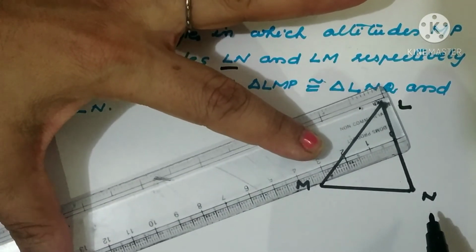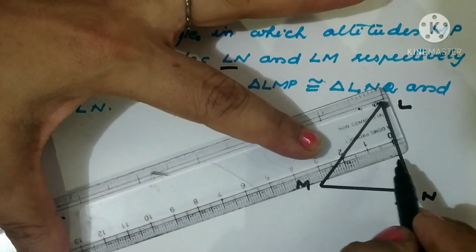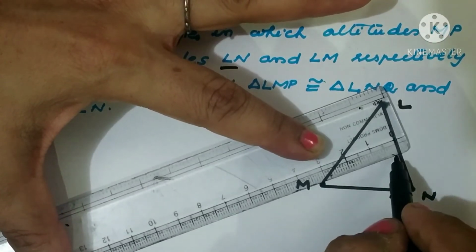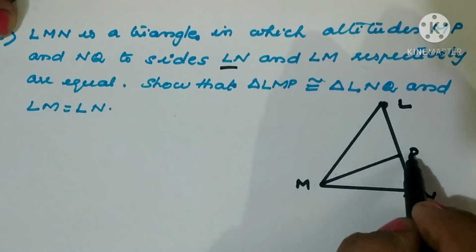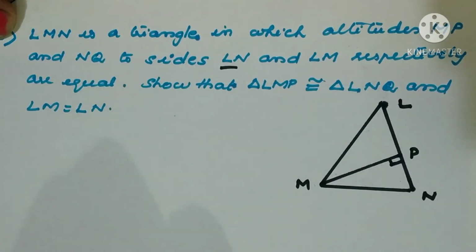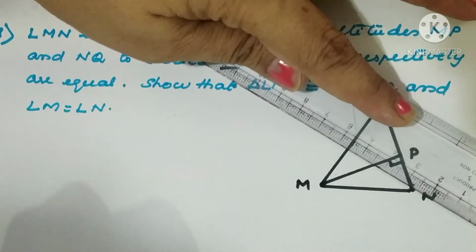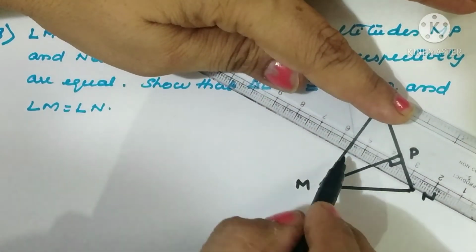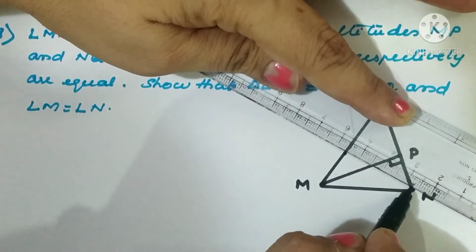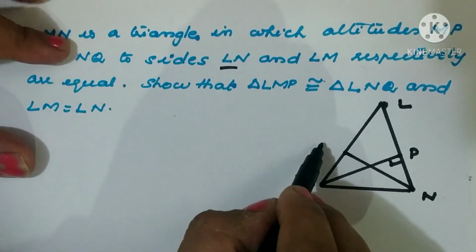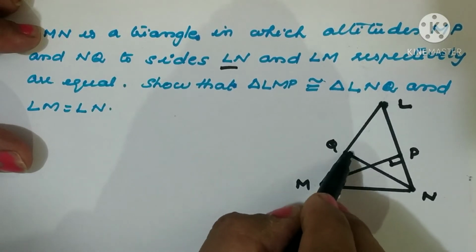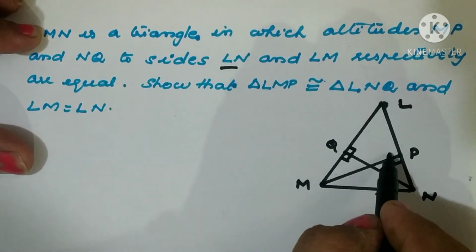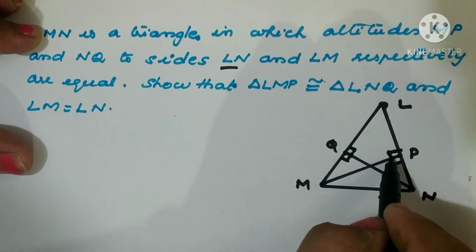Let us call that point P. Okay. Now NQ to the side LM. From N, NQ. Naturally this angle is 90, which means the other angle is also 90.